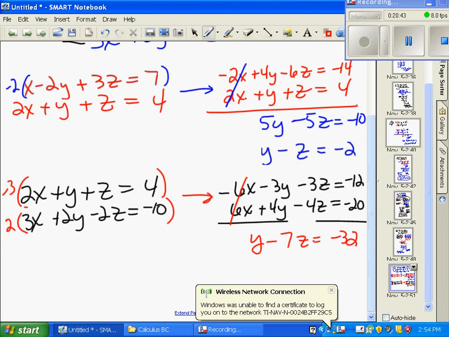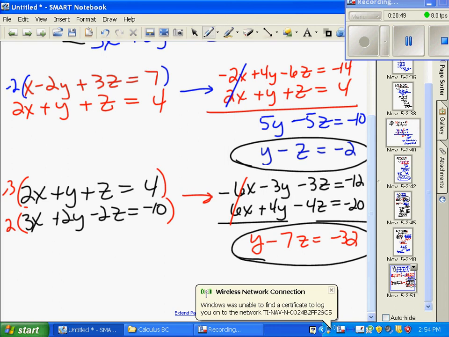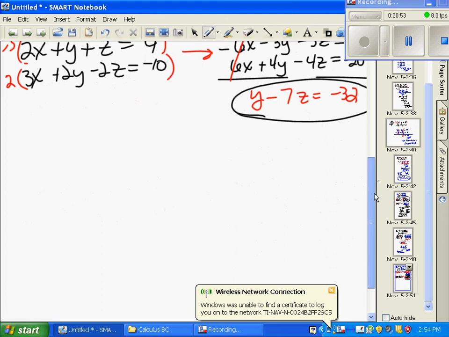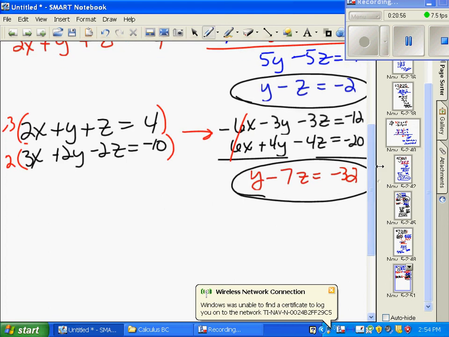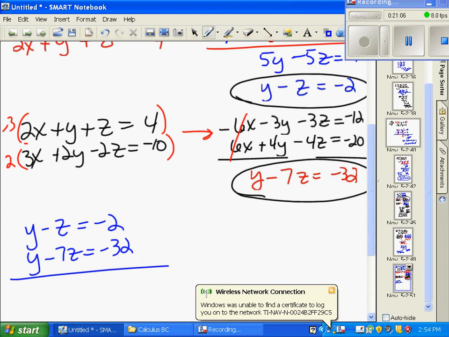Okay, now I'm going to circle in black these two equations right here. Now I put those two equations together. So here they are, I'm going to write them down here in blue. y minus z equal to negative 2, y minus 7z equal to negative 32. Let's eliminate the y.